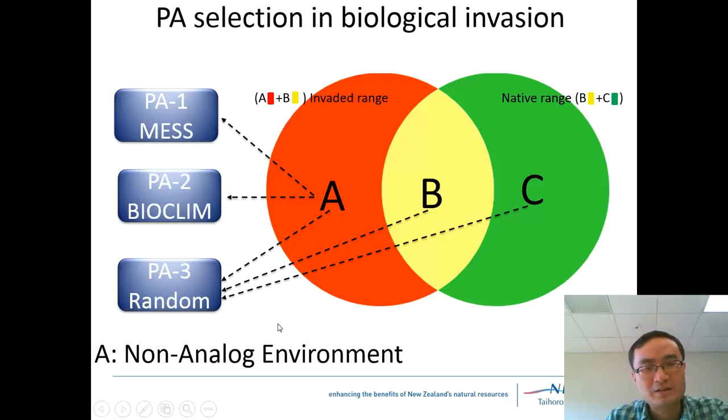How do we define the non-analog environment? The non-analog environment we define here is environmental space only found in the invading range, not in the native range. So it's only defined in the red area as I show here.